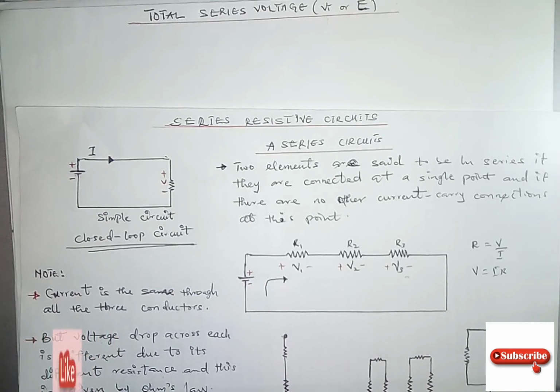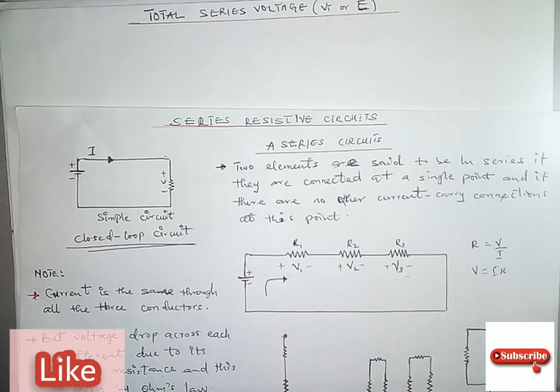So how do we deal with this? The total voltage in the circuit can be determined by using Kirchhoff's voltage law, and Ohm's law as well, which we have already treated in one of our topics. How do we do that?